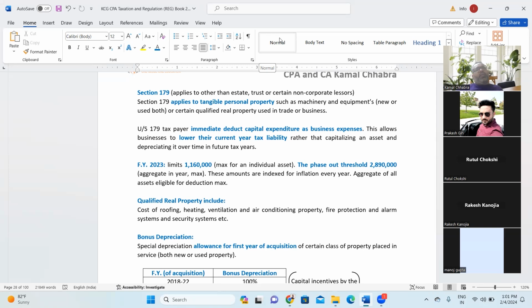The government says, if you want to make investment over here, whatever you invest in plant, machinery, equipment, 100% of that will be given as additional depreciation if you meet certain conditions, or 50% of that will be given as bonus depreciation. But for that, you have to meet certain conditions required by the government.